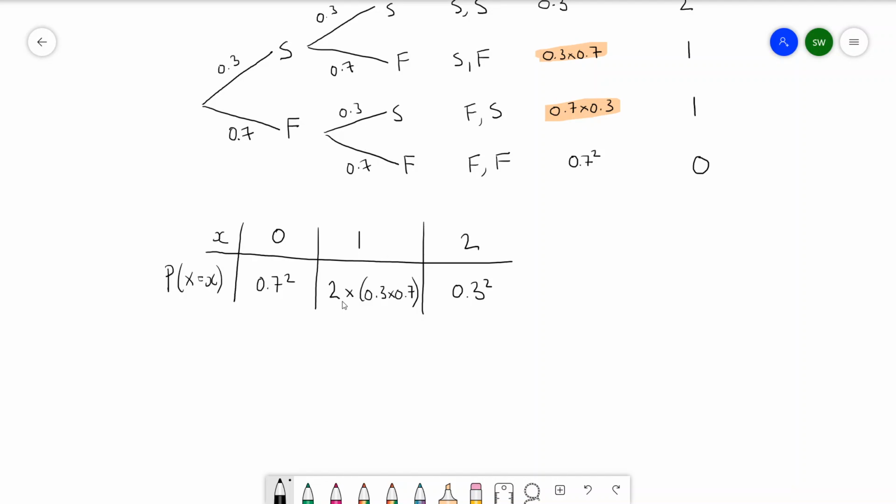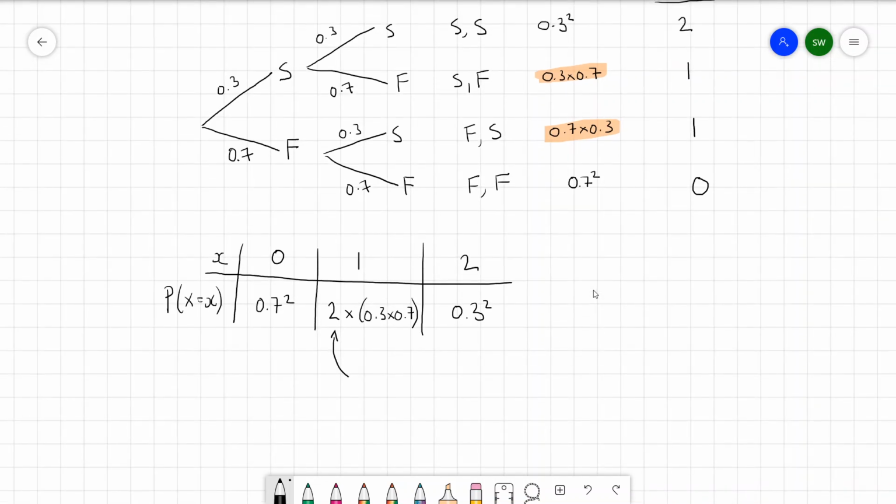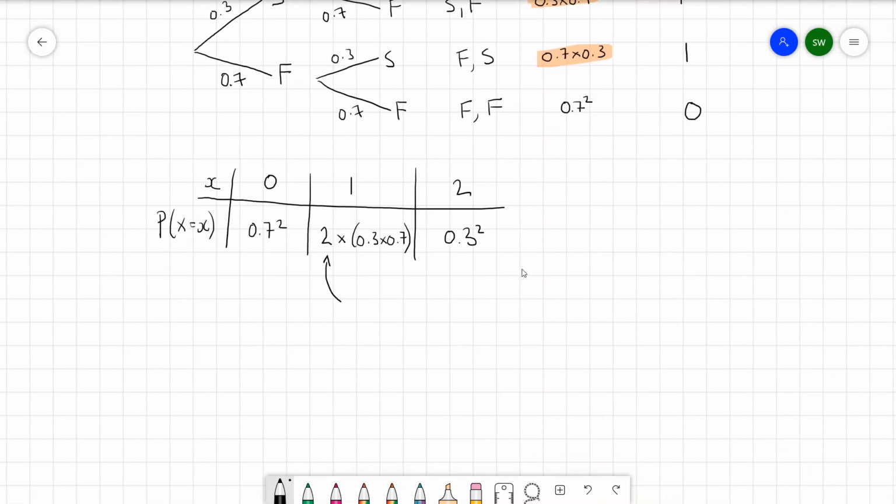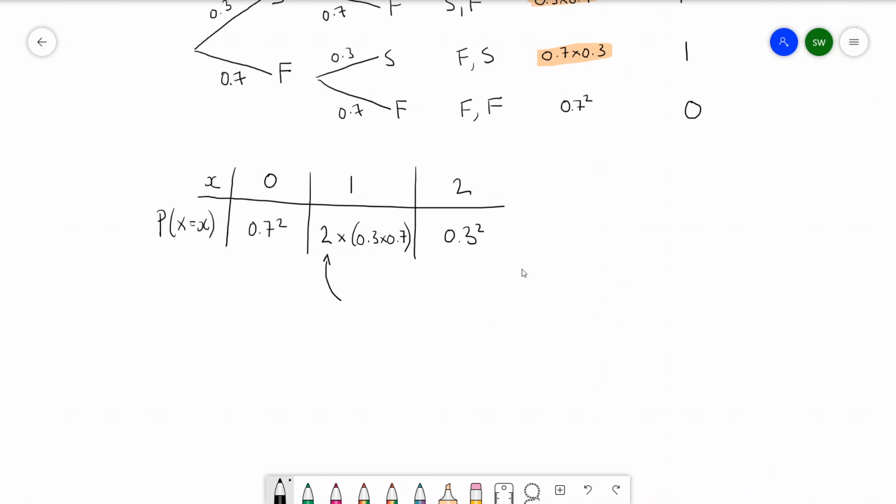Now this number 2 comes about because it's the number of ways in which we could have 1 success. And the way that we're going to think about where this number 2 comes from is that we've got 2 outcomes: the outcome of the first experiment and the outcome of the second experiment.